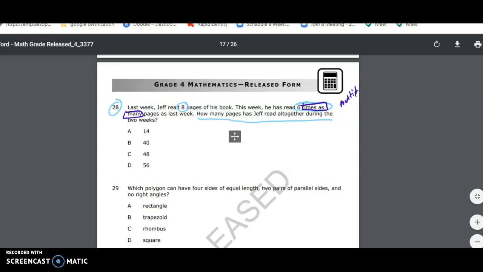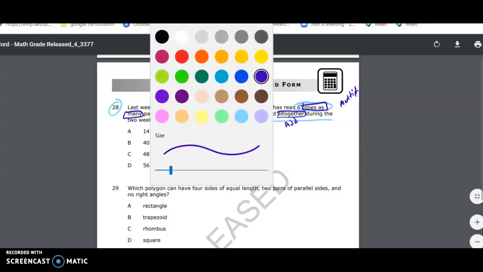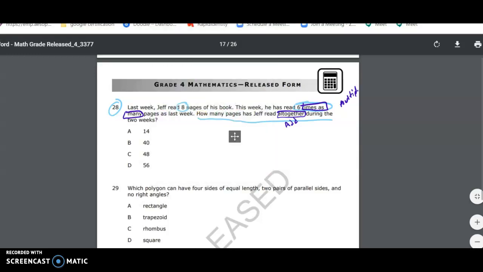And another key term, altogether. How many pages has Jeff read altogether? That means you're combining something, so you're going to be adding also. So you got a couple different steps in here, at least a multiplication and an addition. So let's go back, reread it, and jump into the problem here.